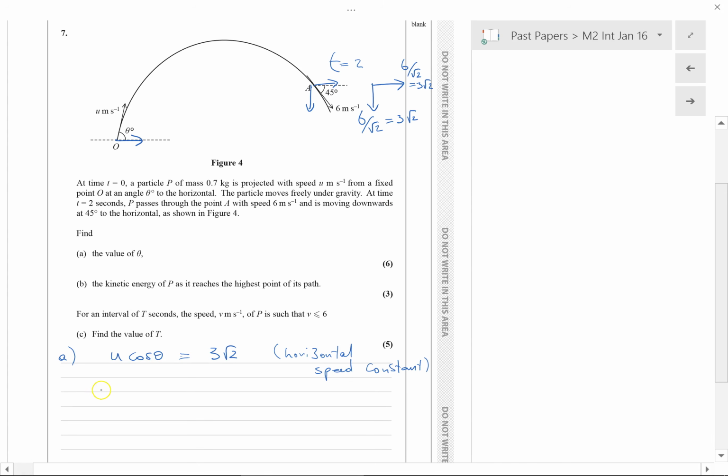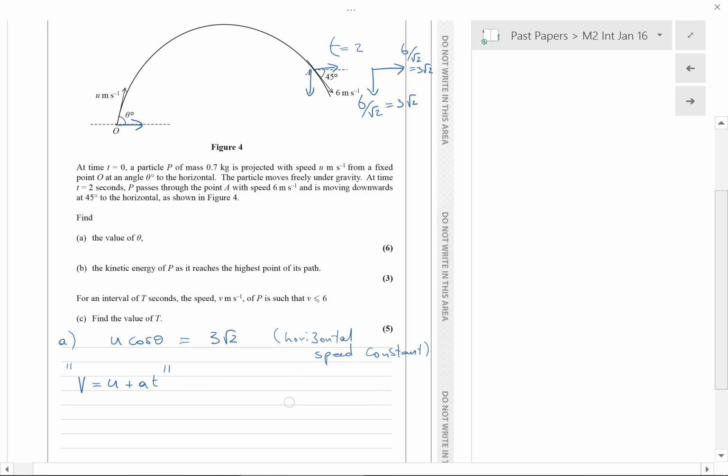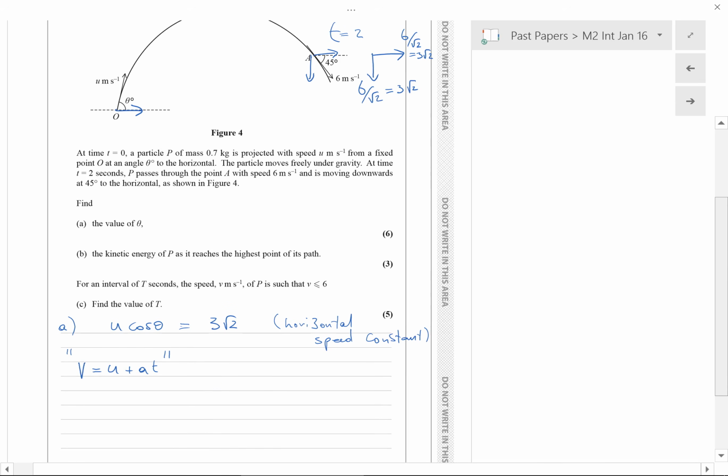If we look at the vertical component, let's apply v equals u plus at, because that gives us everything that we really want. The initial, because we're doing this vertically, is u sine theta.